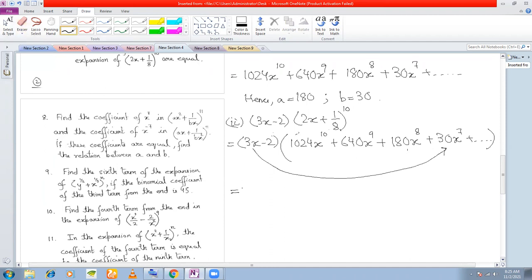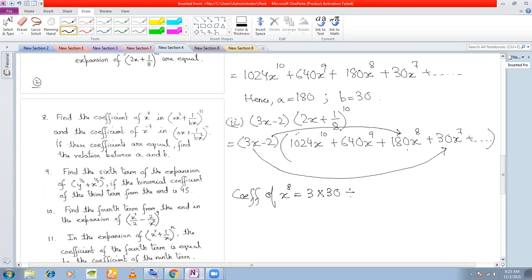So what is the coefficient of x to the power of 8? You're multiplying 3 by 30, so 3 into plus 30. This is one you're going to get. Another, how are you going to get x to the power of 8? You can multiply this 2 with this to get x to the power of 8.